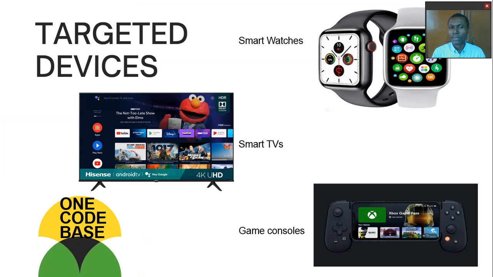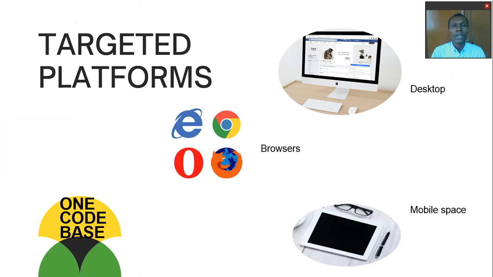PWA is suited for them all. Then targeted platforms: desktop, browsers, mobile space. Just with one code base, you could reach all these devices and platforms. Then in the mobile space, you can also have iOS, KaiOS, and Windows, all with one code base. What an ease in development.